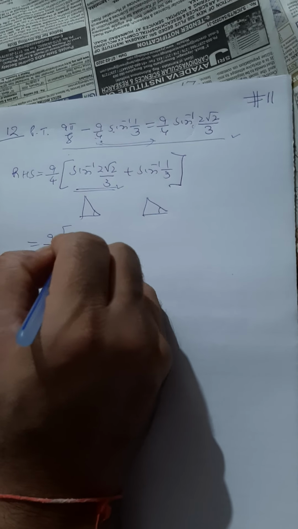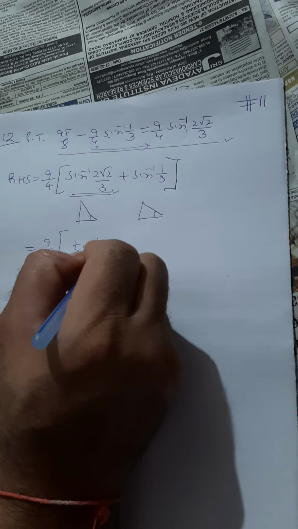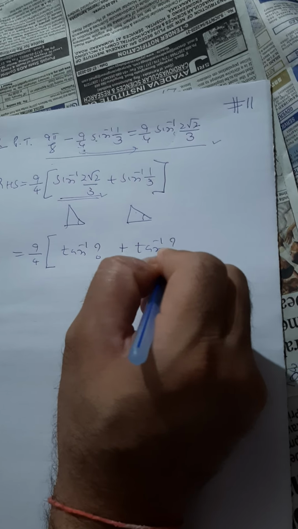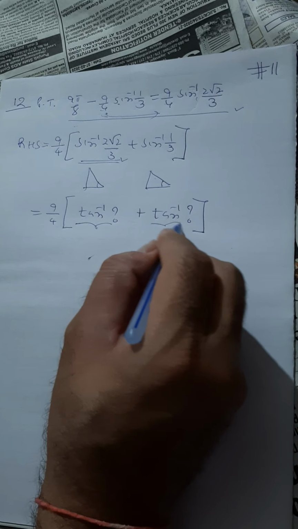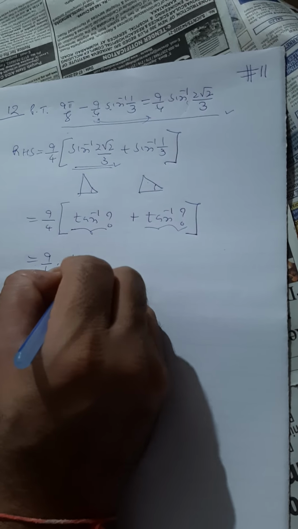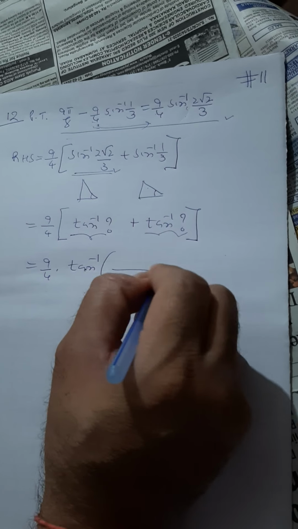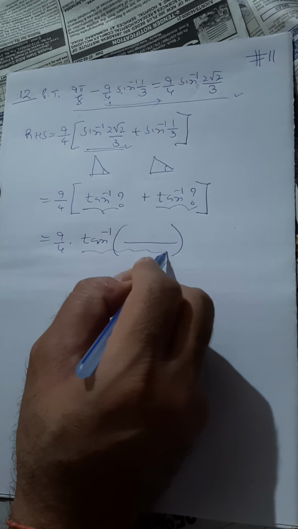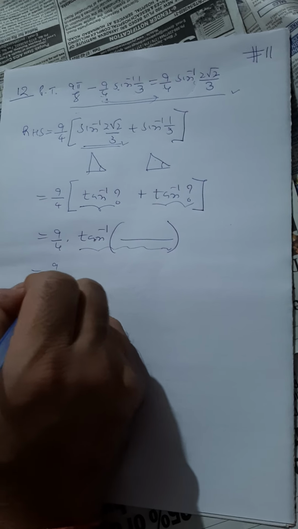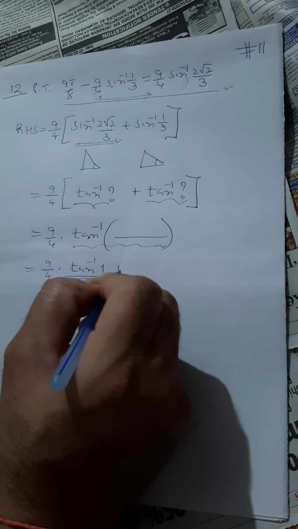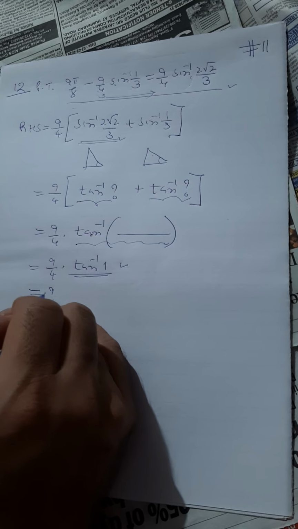So 9 by 4 tan inverse, you know this, plus reduce into this, so tan inverse, which also you know. Then use the tan inverse x plus tan inverse y formula. So 9 by 4 into, you get the tan inverse of that expression that you know. And at the end you will notice that probably you will get 9 by 4 into tan inverse 1. And you know that tan inverse 1 is pi by 4.